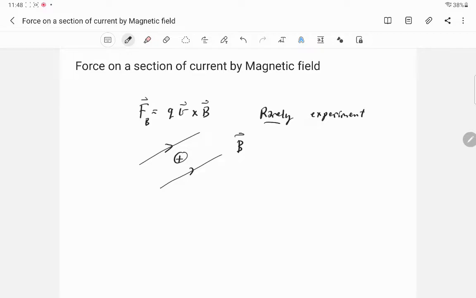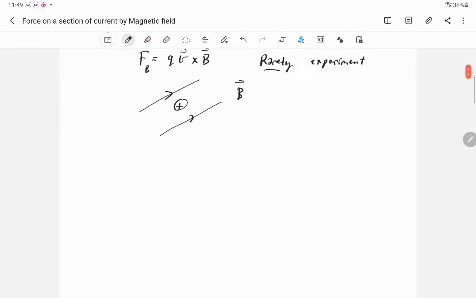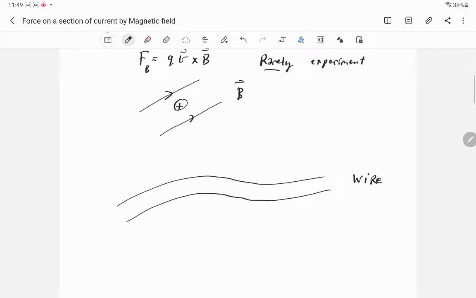This is rare. What we have instead, usually, is we have a wire, and these moving charges are moving along the wire as current. Right? So this is normally what we talk about is current.